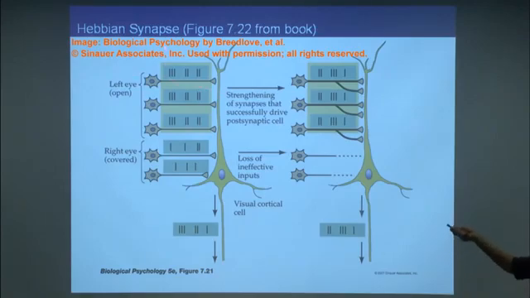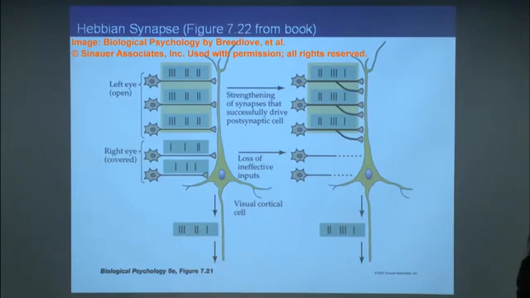So what happens is this left eye is getting lots of stimulation. You get lots of concurrent presynaptic excitation that ends up firing, here are the action potentials, the visual cortical cell. And as you get more firing here, the right eye is covered. You get very little firing here. So inputs from the right eye are not stimulating this. The result of this pattern of activity is strengthening of these synapses. And look how strengthening is represented here.